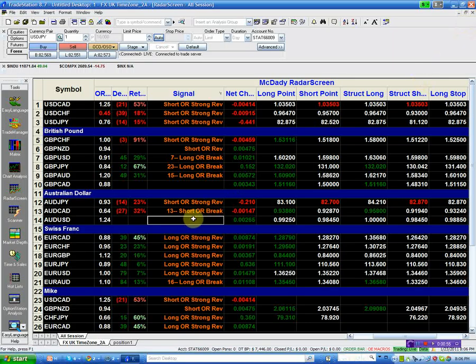So right now you can see that if everything has a move or a signal, the Aussie has nothing.